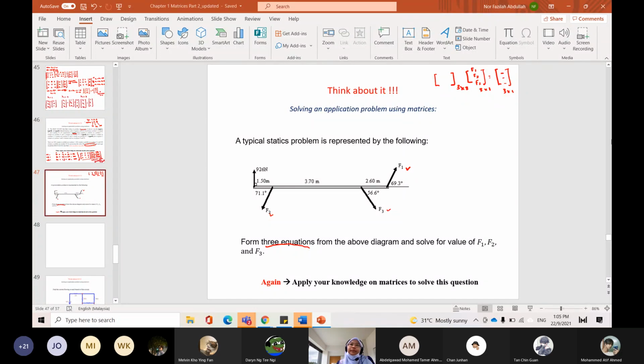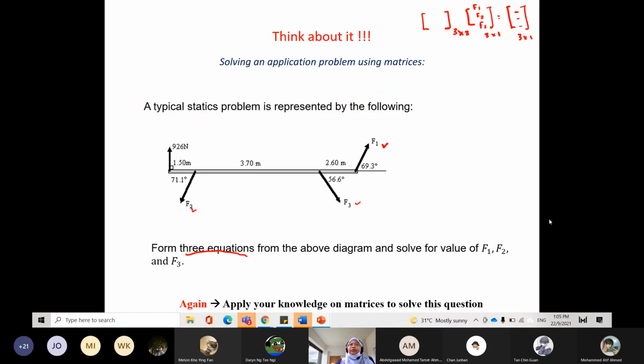Maybe we can write down here. Let's try with the vertical force first. Start with F1. If you resolve it vertically, you have positive F1 sine 96.3. Correct? Then you have F2.